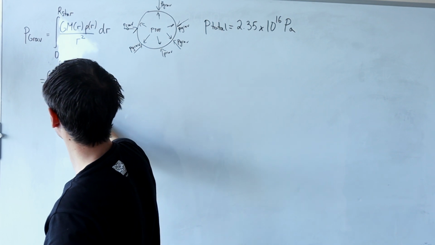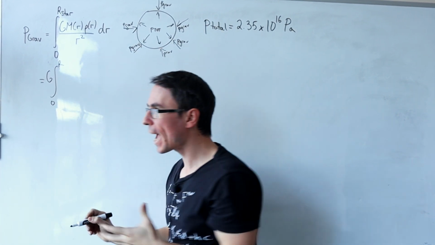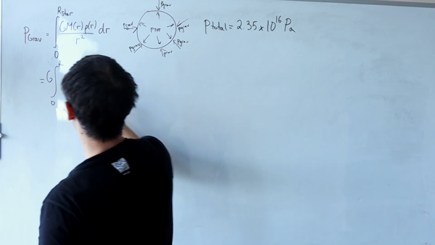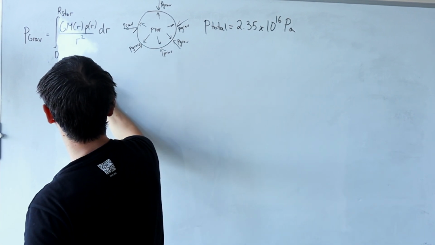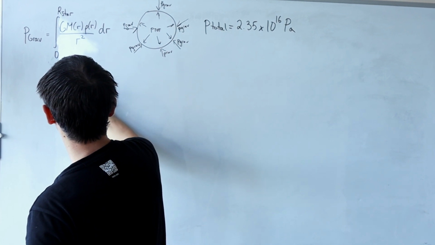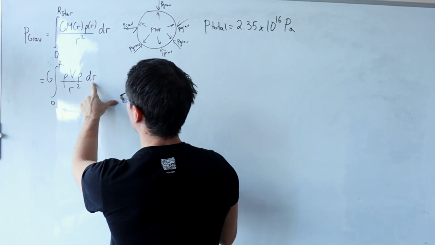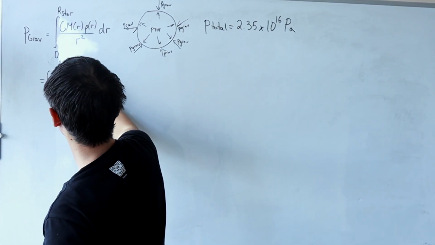Now G is just a constant, that's fine. Mass is just equal to the density multiplied by the volume, multiplied by the density again, divided by r squared, and then integrate with respect to r.